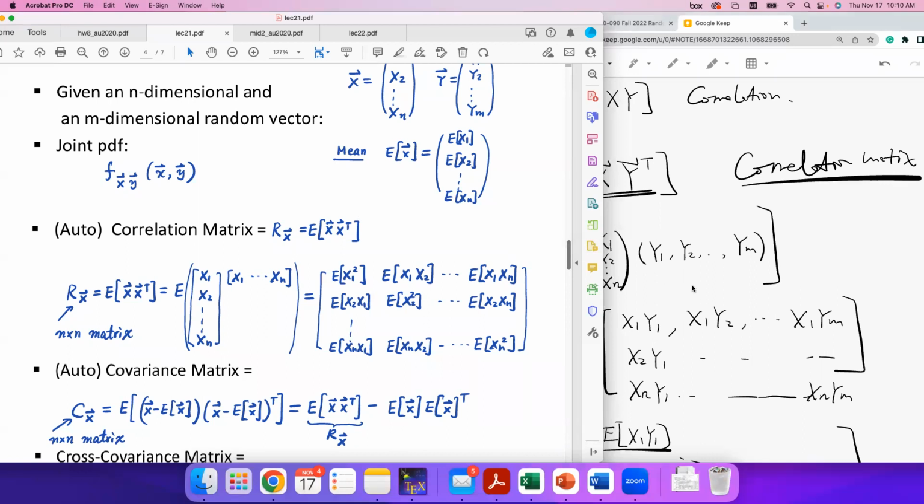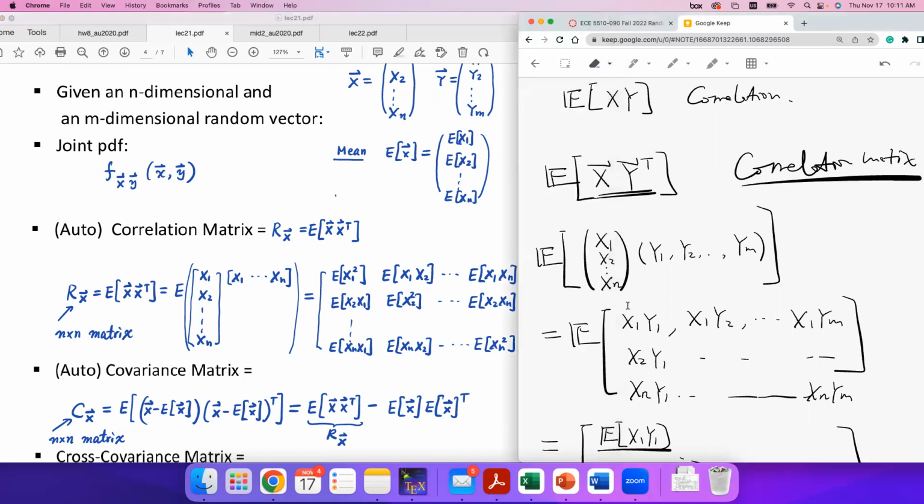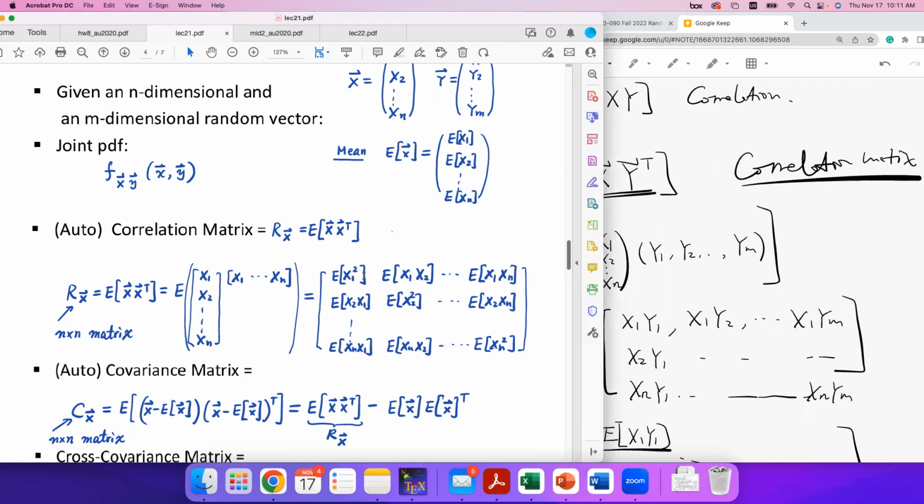So according to this definition, this autocorrelation matrix is, again, basically you list out all the entries: this is a column vector, and X transpose is a row vector. You multiply these two, get this matrix, where all the Ys become X. And in the end, you get these entry-wise expectations.